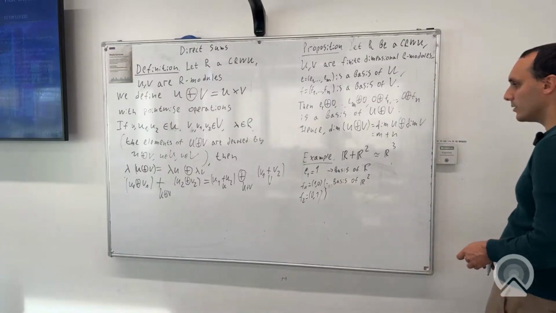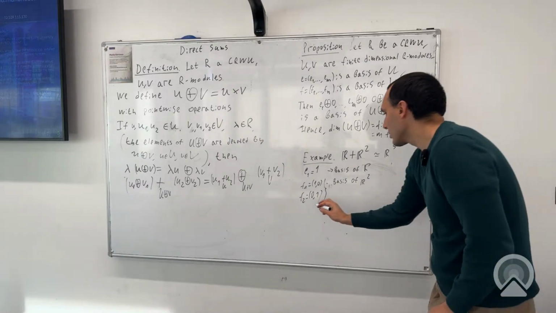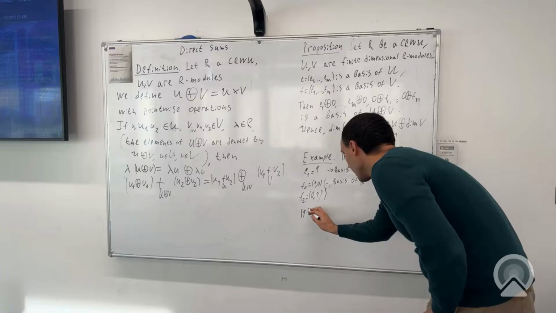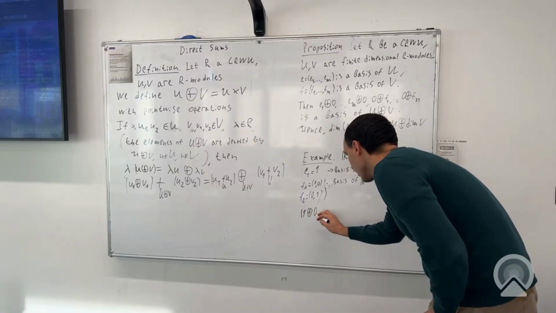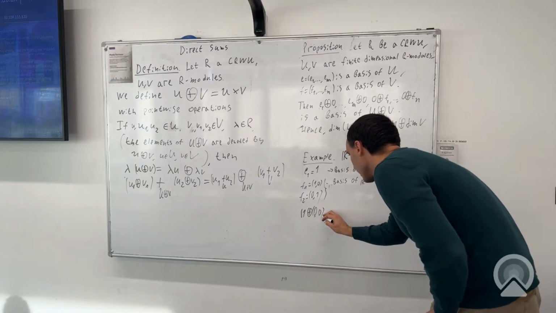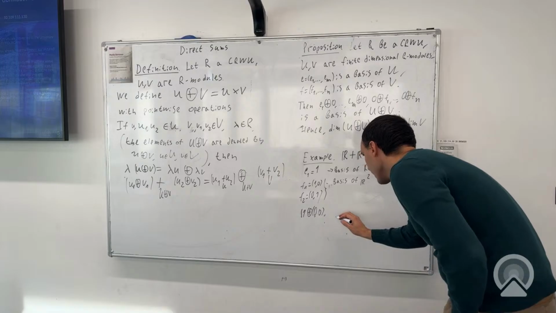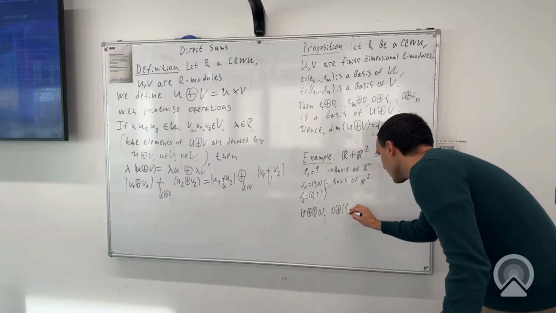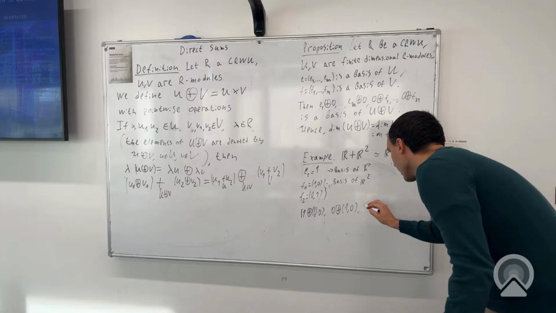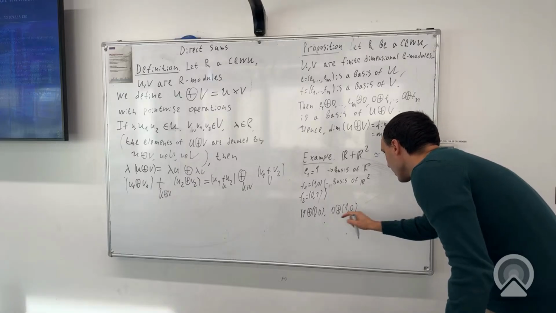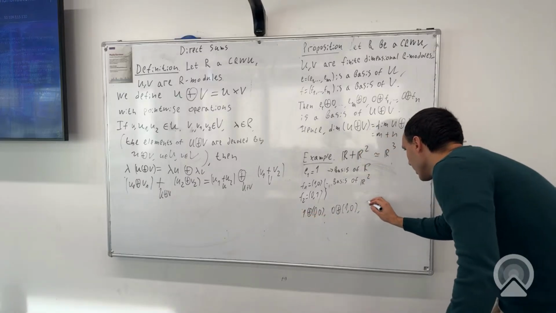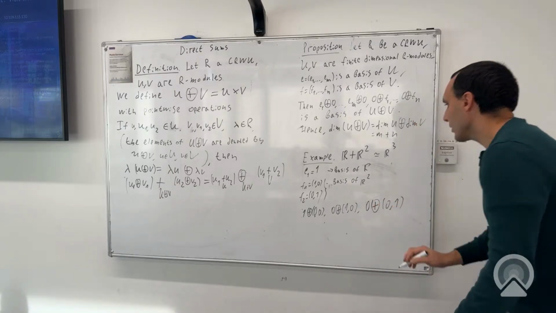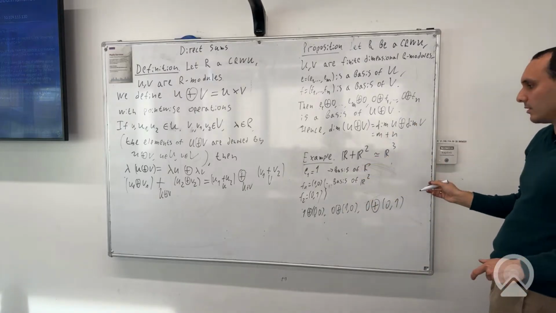Okay, and then what do we do? So we have 1 plus 0, this is the zero vector here. And then we have 0 plus (1, 0), and 0 plus (0, 1).